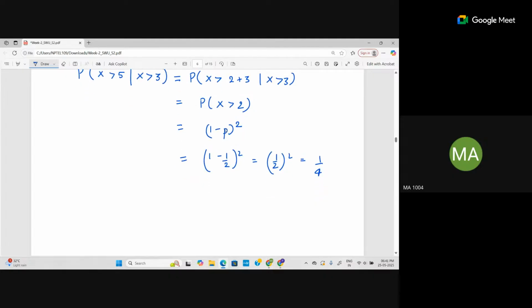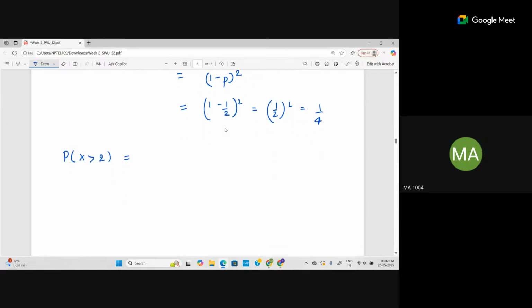Or if you don't remember the probability of X greater than n, you can simply calculate it by using the properties. So it will be 1 minus the probability X is less than or equal to 2, right? So 1 minus, this is nothing but X equals 1 plus X equals 2.